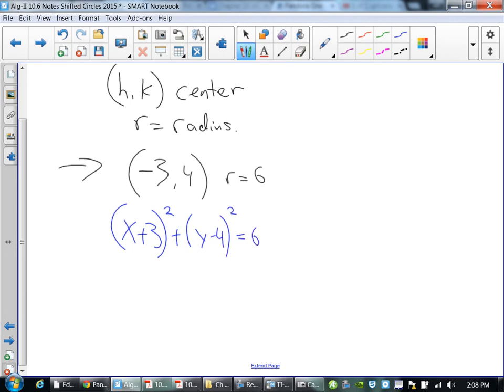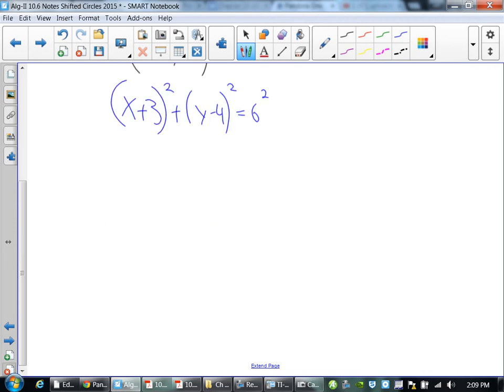Oh, I already messed up. Oopsie daisy. And what do I have to rewrite 6 squared as? 36. Now, one of the things that I've always been pretty lenient on when you're writing these out, most people just direct substitute right away. If you want to write equals 36 without having to rewrite it, that's cool. If you wanted to square 6 right away and write it down, that's fine.